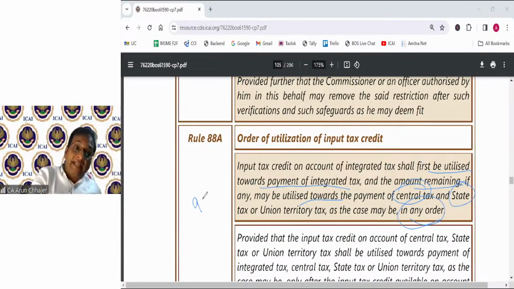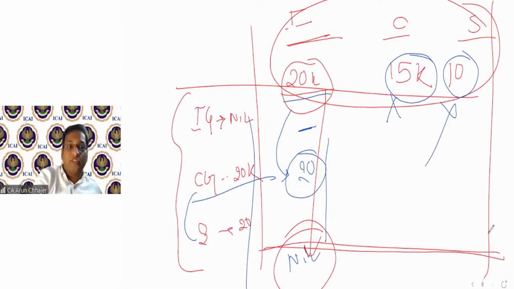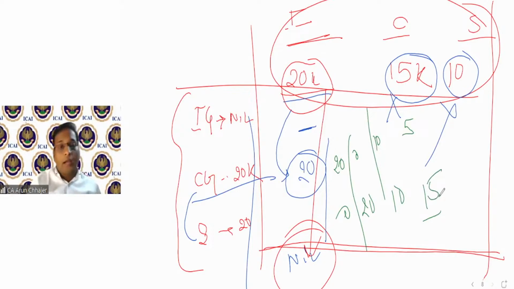Because Circular 98 has used the word any proportion, I can say that now I can distribute in any order, in any manner as per my choice. It means I can give 20 0 possible, 0 20 possible, 10 10 possible, 5 15 possible. I can give any amount between C and S, but the only condition is that I should be 0.